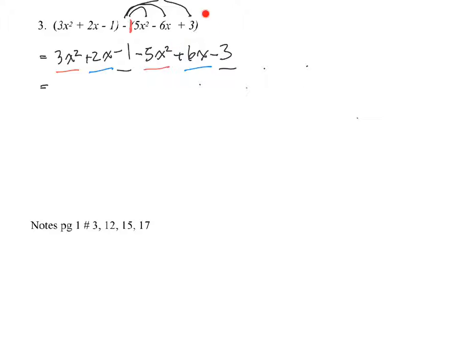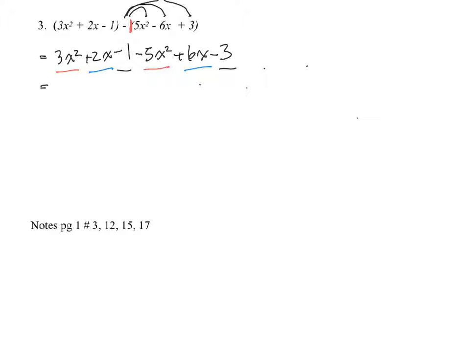If there was a minus sign sitting in front of the bracket, all we have to do is flip the sign of everything inside the bracket. So plus 5x squared becomes minus 5x squared, negative 6x becomes plus 6x, and plus 3 becomes minus 3. That's just another way of looking at it. If there is no number sitting in front, just imagine there's a 1, and all you're going to do is flip your signs.